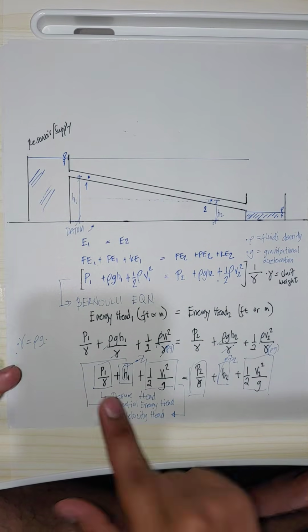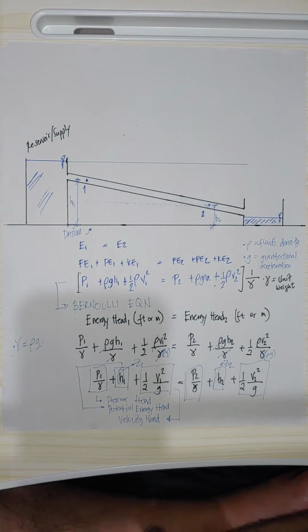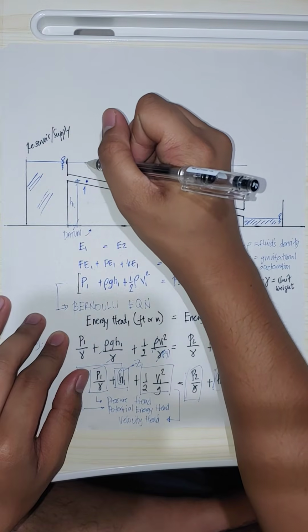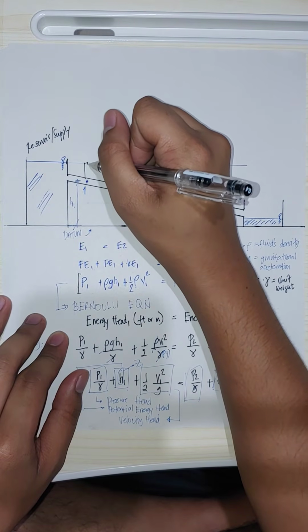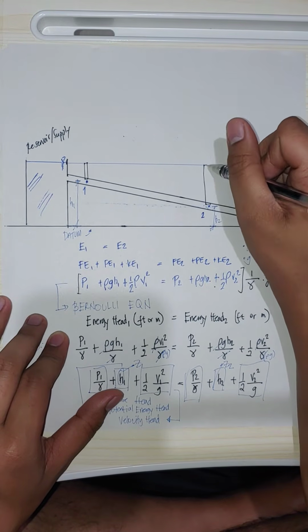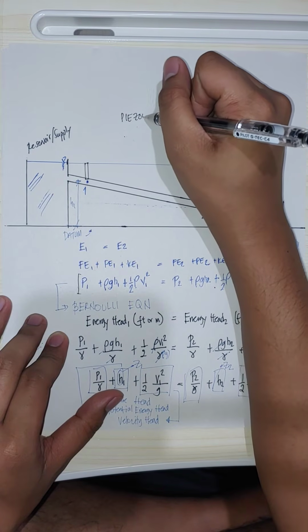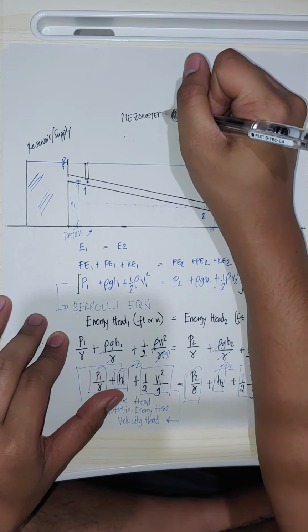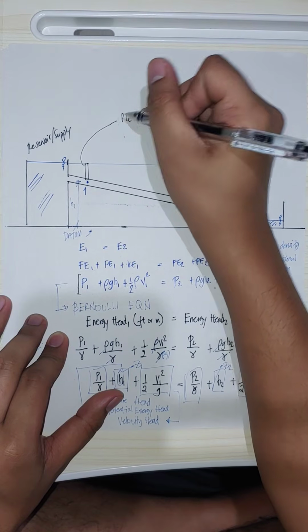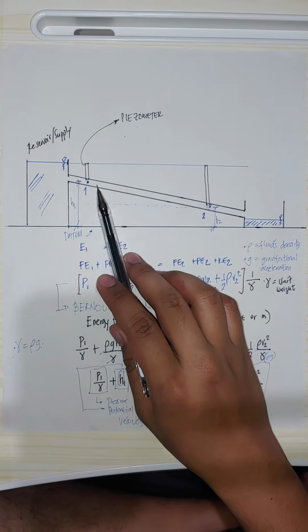So that is the pressure head, the potential energy head, and the velocity head. Okay, let's say at point 1 we have a piezometer. A piezometer is an instrument used to measure the pressure head of the water.